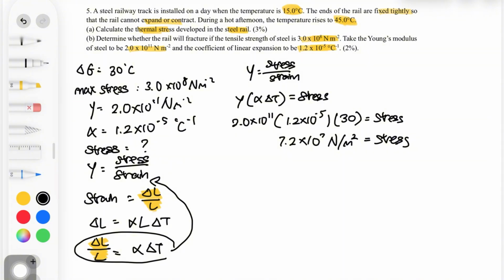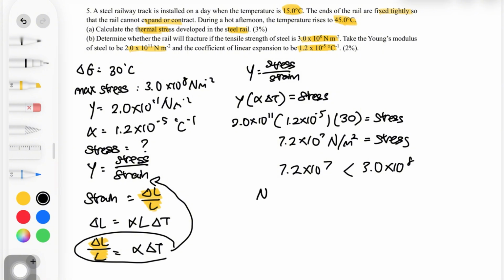Determine whether the rail will fracture with the tensile strength given. So 7.2 times 10 to the power 7 is much lesser than 3.0 times 10 to the power 8. So it's much smaller, which means that it doesn't fracture, because it's still within the limit of the tensile strength.